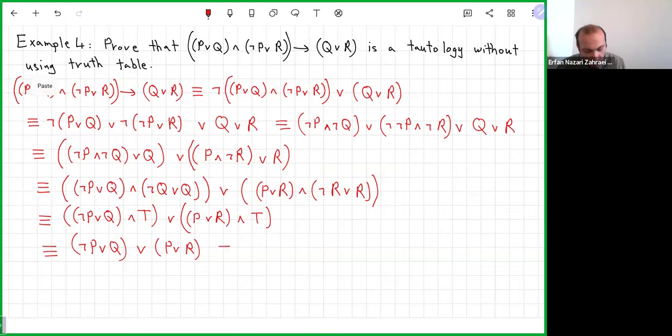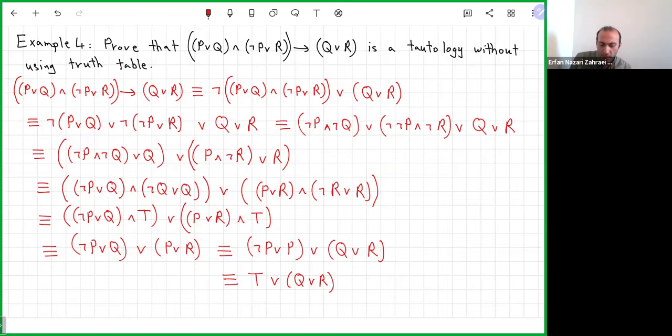So I will use associativity and commutativity of or to write this as not P or P, or Q or R. You don't even need parentheses, but I wanted to focus on this part and pack them together, so I added parentheses. So now I have again a similar situation, negation of a statement or that statement. This is always true. So this is equivalent to true or something else.